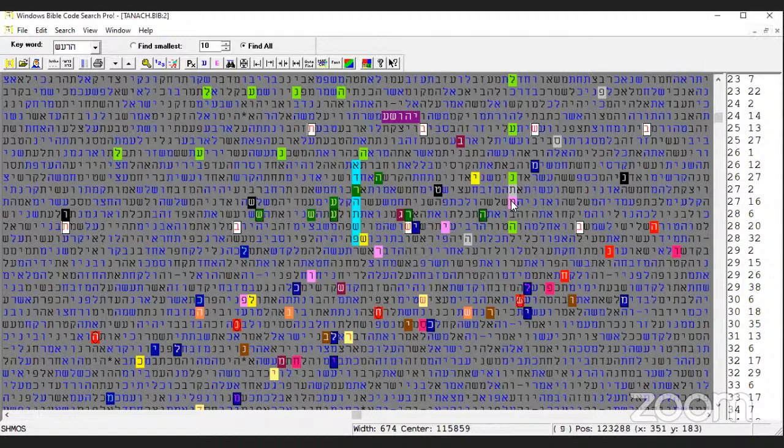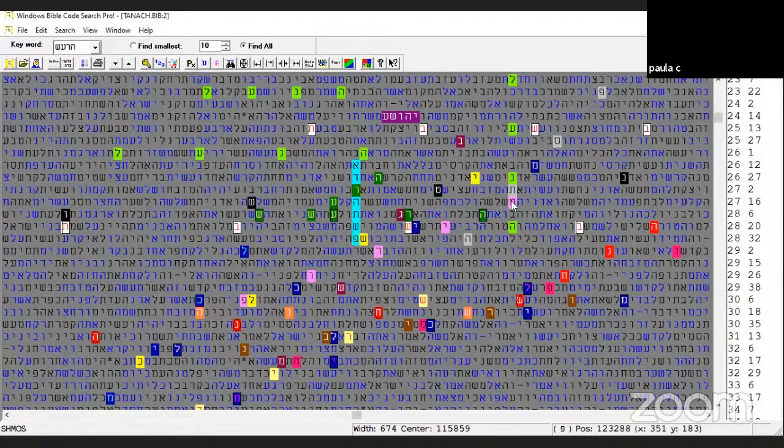21 days. Yes, 21 days till Purim. And so down here in the brown, we have Nibiru, Nun, Bet, Yod, Resh, Wa. And when I first started this table, I found things like Purim, and then I found the Nibiru, and I found the Wormwood, and even Pesach is here.